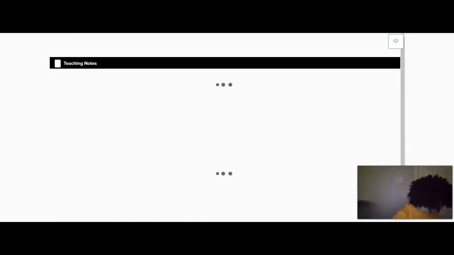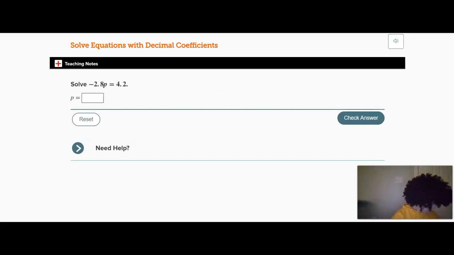So let's look at another example. On here, it's negative 2.8p equals 4.2. So again, we're just going to divide both sides by negative 2.8, the same way we would if it was just like negative 2. And for some reason, my 8s don't want to write correctly.